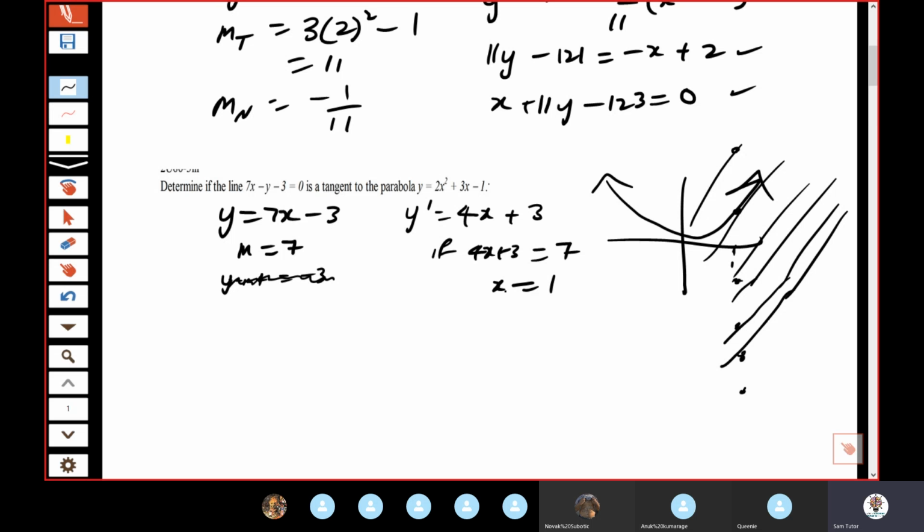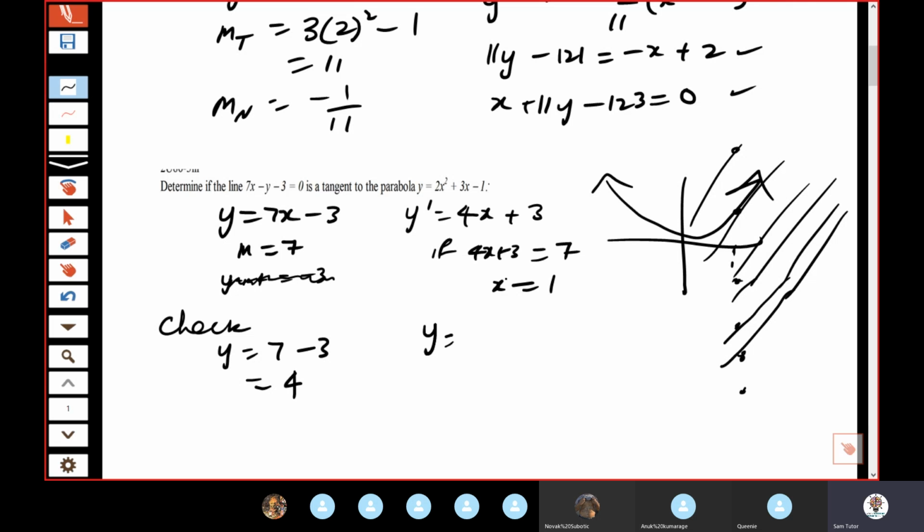But what I'll do to finalize it is I'll sub this x value into here, sub the x value into here. Fingers crossed, if it gives me the same y value, then you would say, yes, it is true. This is the tangent to this. If it's not, you would say, no, it's not. So here we go. Check. x equals 1, so might as well just sub it into here, right? y equals 7 take away 3, which equals 4.